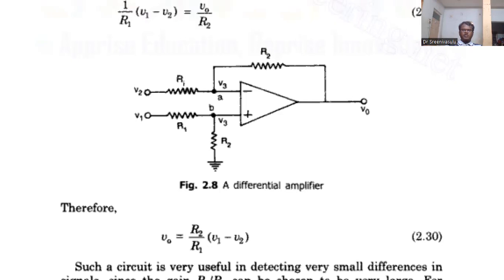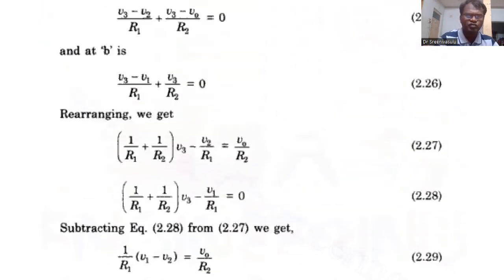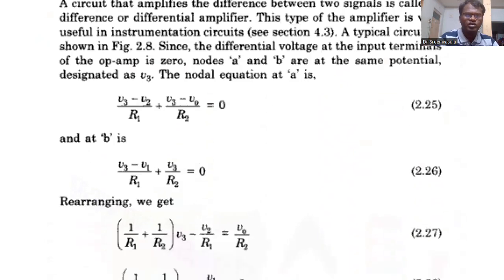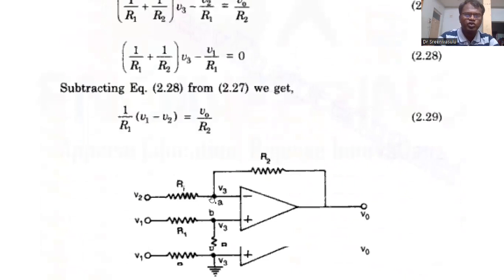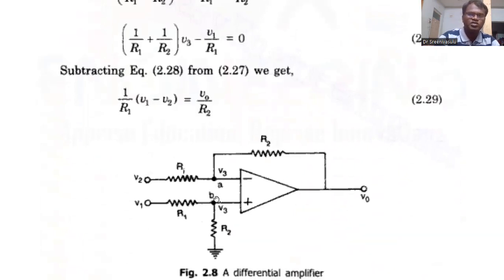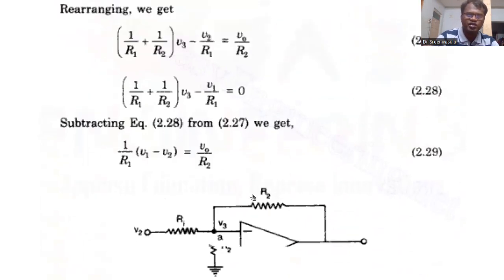And one more point, either of the input terminals, that is inverting terminal and non-inverting terminal, draws no current. Now, if you apply nodal analysis at node A, nodal analysis at node B, and equate these two, then you will get the output voltage in terms of input voltage. That is the basic idea here.